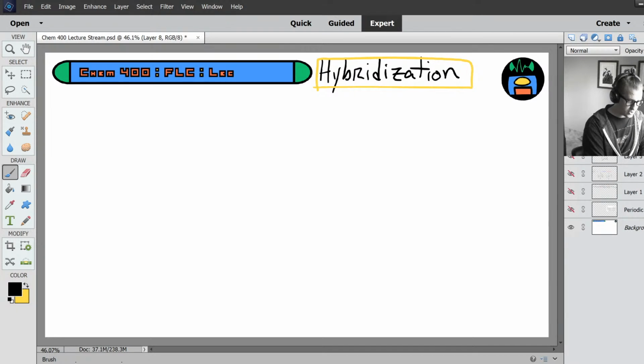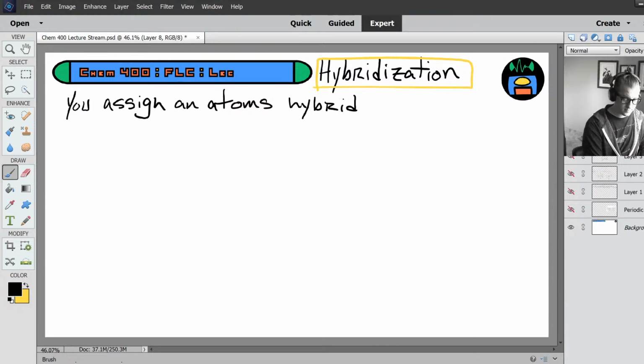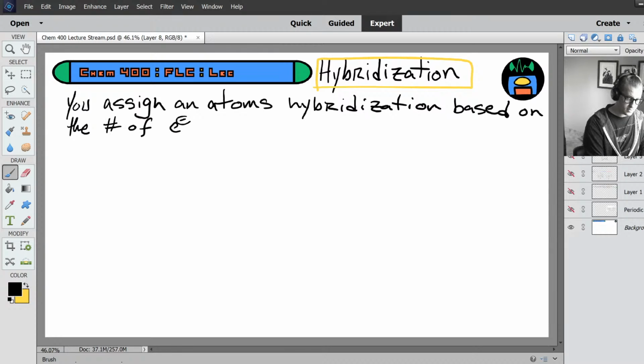So assigning hybridization, you assign an atom's hybridization based on the number of electron groups it has.